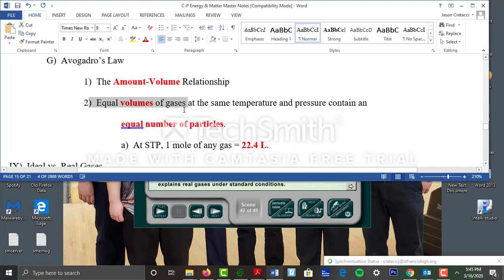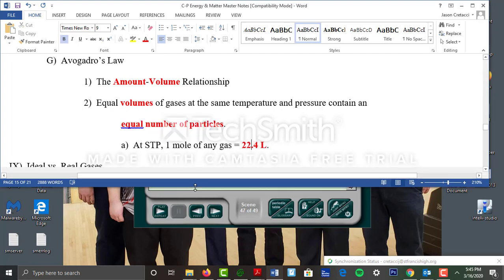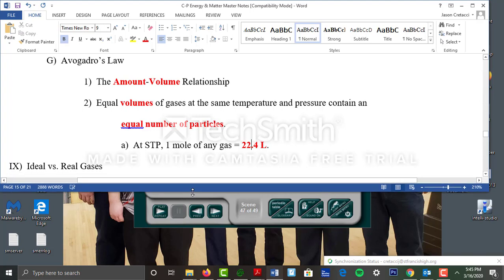The reason they all have the same size is because they all have the same number of particles. And remember from our discussion in class, the mole box: 1 mole of any gas at STP is going to occupy 22.4 liters.